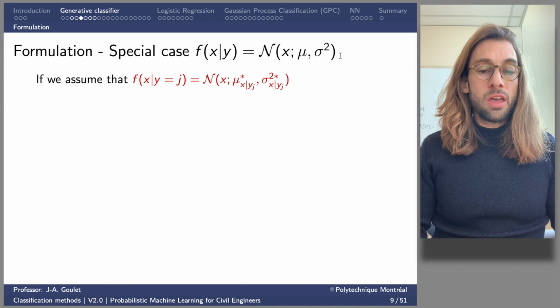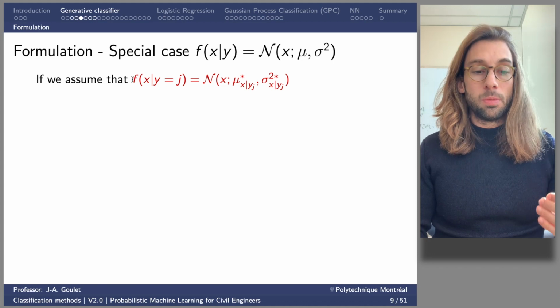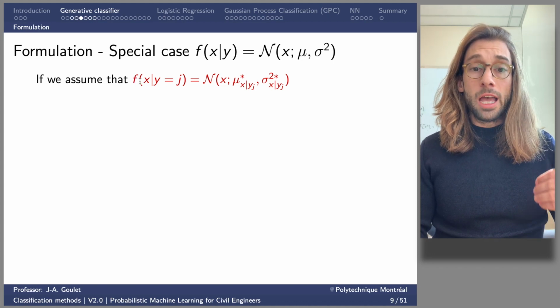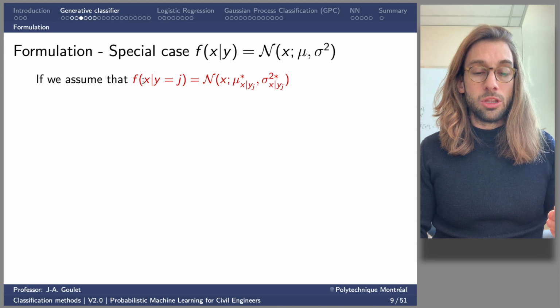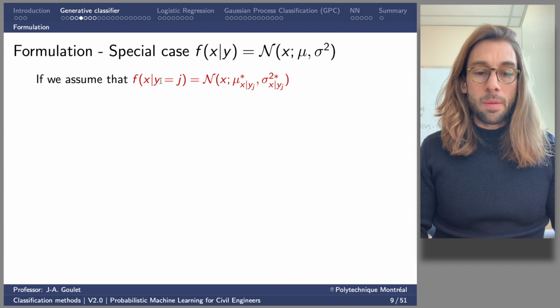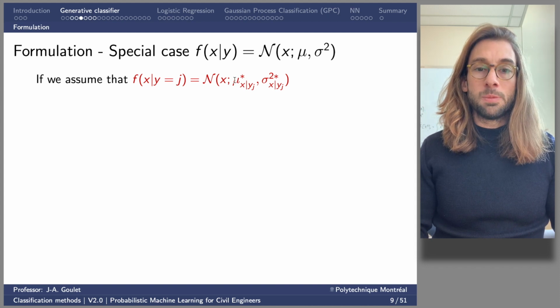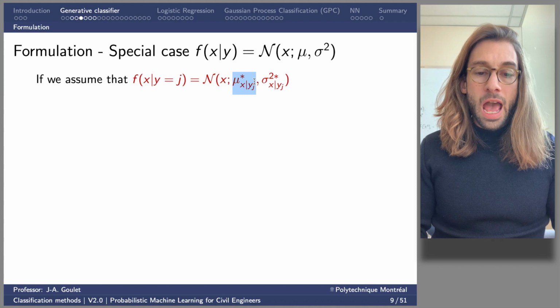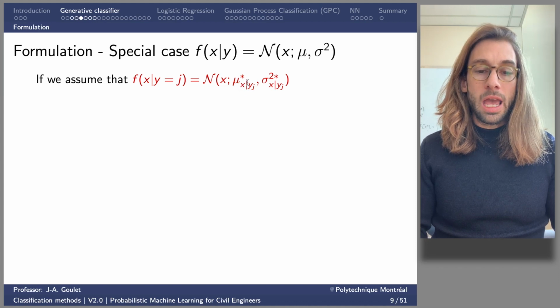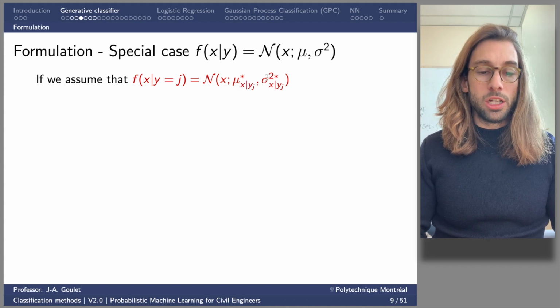So if we assume that this conditional PDF for my covariate given the jth class, so y equal j, is described by this normal distribution, we're going to estimate its optimal expected value for x given y equal j, and my variance for x given y equal j.